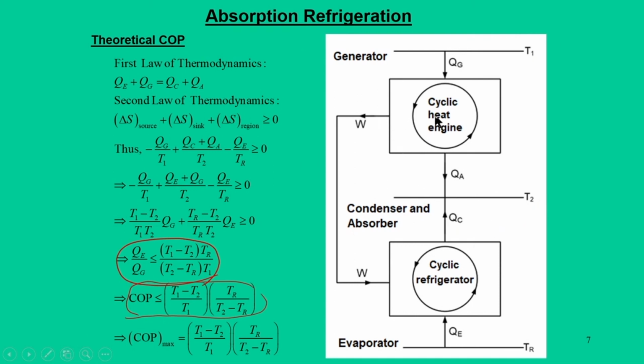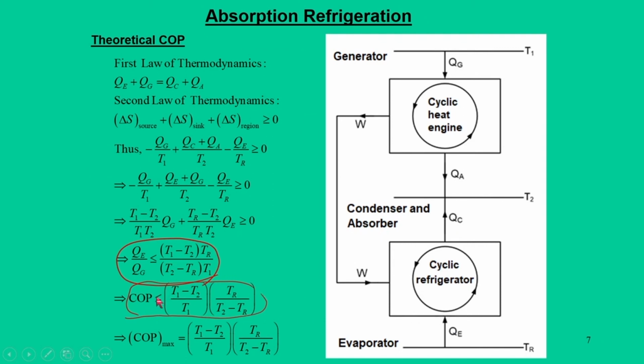The work input from the cycle in the heat engine is nothing but your pump work that goes into the system, and at the end of the day what we get out of it is a cooling load in the evaporator, QE, that means it takes heat from the space which is going to be cooled, for which the evaporator temperature is maintained at TR.